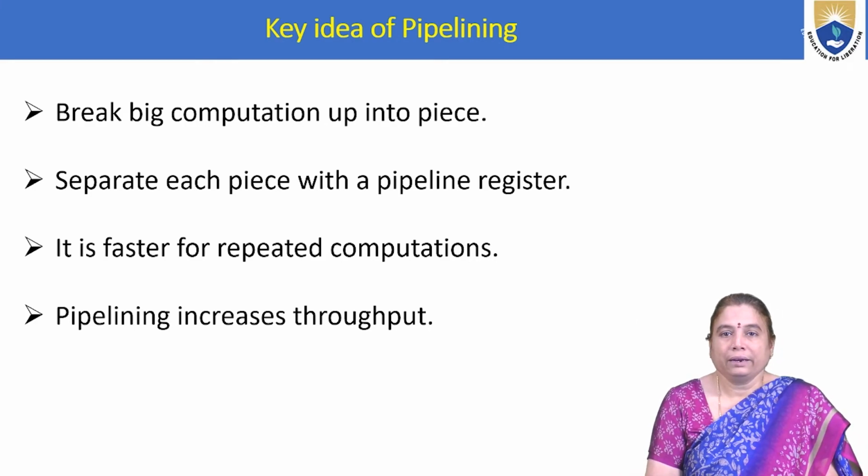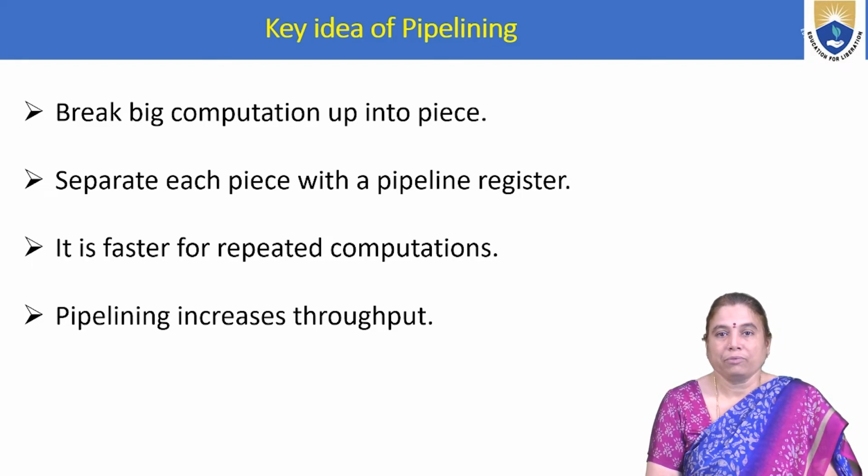What is the key idea of pipelining? Break a big computational task into pieces. Separate each piece with a pipeline register. So it is faster for repeated computations. Pipelining increases throughput. Multiple instructions can be executed in a single unit of time, which leads to an increase of the throughput.